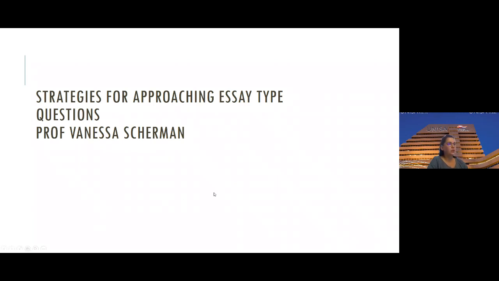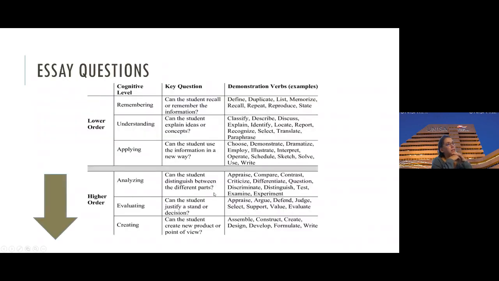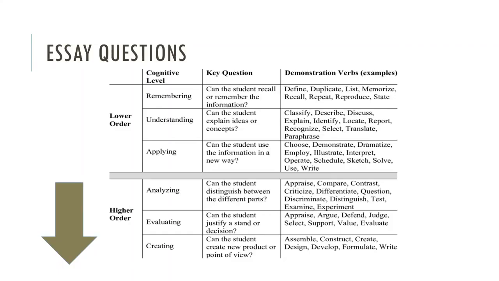If we start to think about essay type questions, I think it's very, very important, and Dr. Govender spoke a lot about these command words. When we think about an essay type question, it's important to realize that what we are really looking at is higher order thinking. The focus is on analyzing, evaluating, or perhaps even creating information.